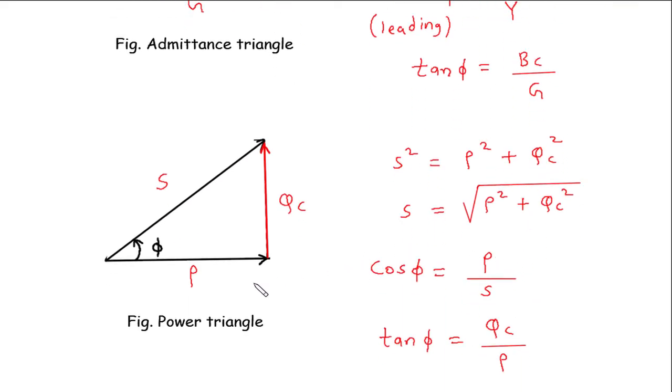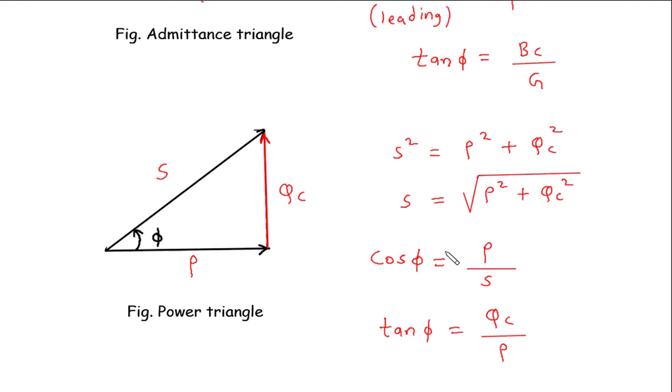Now again this is a power triangle. So this will be apparent power S, this is true power P, and this is reactive power QC because of the capacitor. Now again using the Pythagoras theorem, S square is equal to P square plus QC square. So from this, S is equal to under root of P square plus QC square.